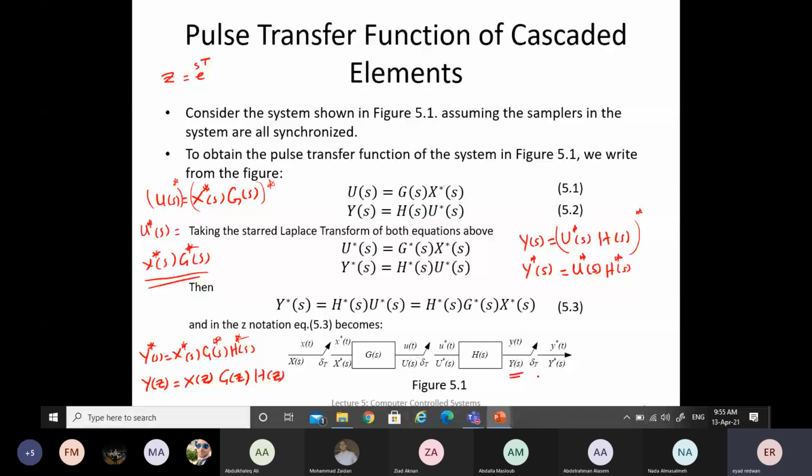In other words, if I want to write y of z, the output here, I can write it as the z transform of this, multiplied by the z transform of this, multiplied by the z transform of the input.